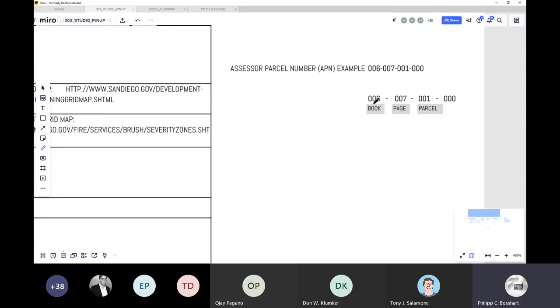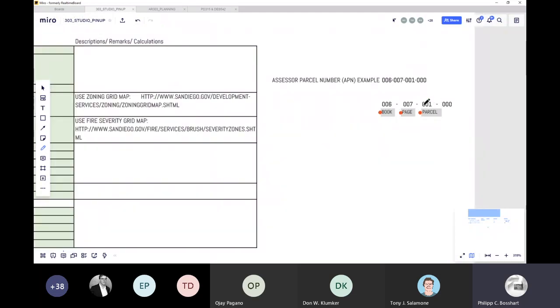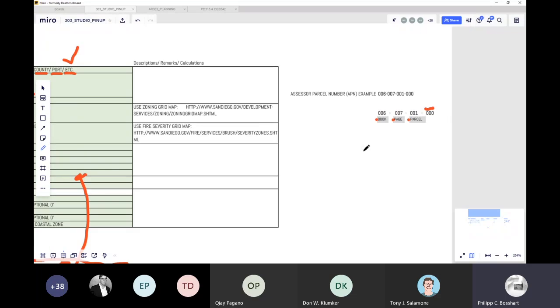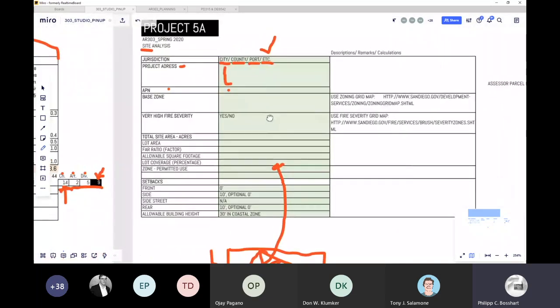So it's the first 3 digits in reference to the book where it's kept, then what page you would be able to find it on within the book, and then within that page, what parcel. That's the makeup in general. It's 9 digits, and then this is finer. This is for condo maps, where you have multiple things stacked.